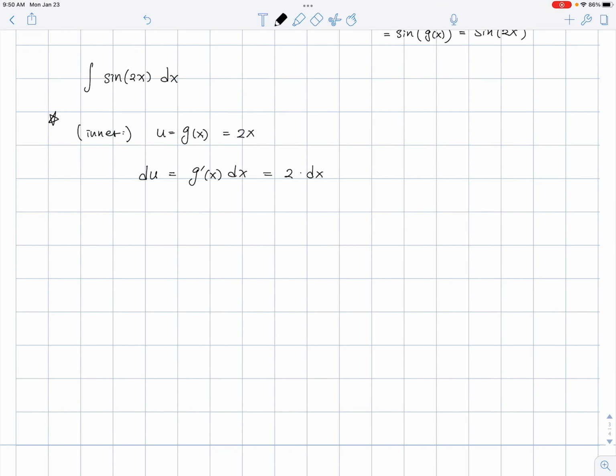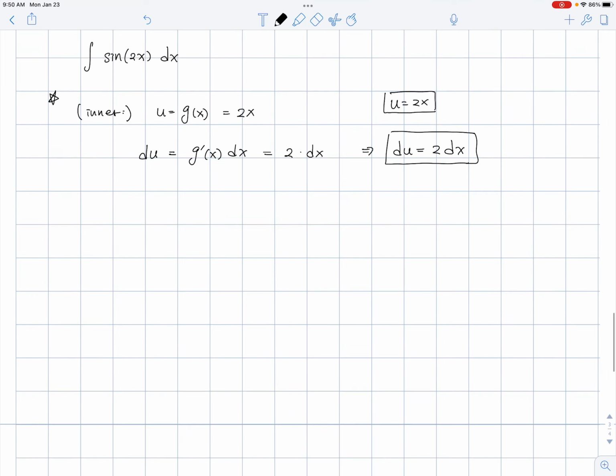So now we have a very neat equation. This is important. And u equal to 2x. This is also important.